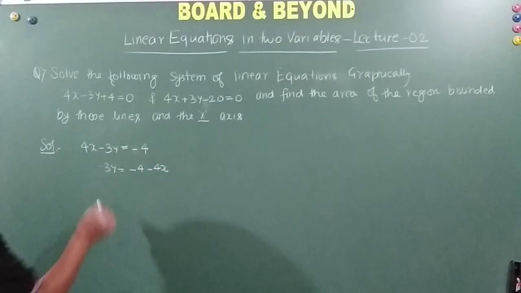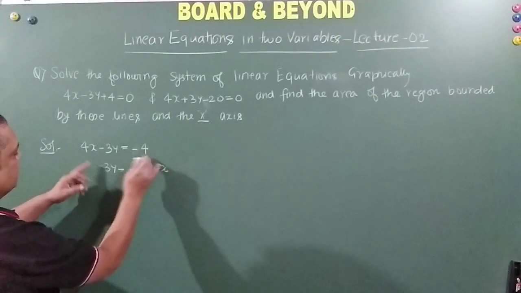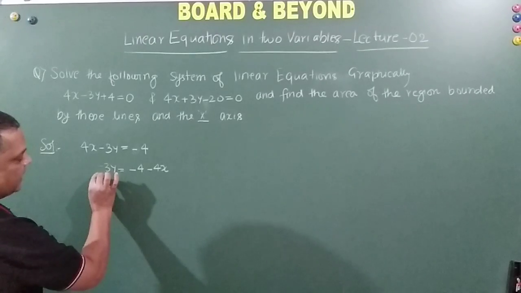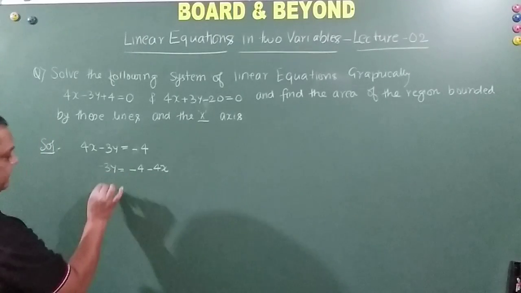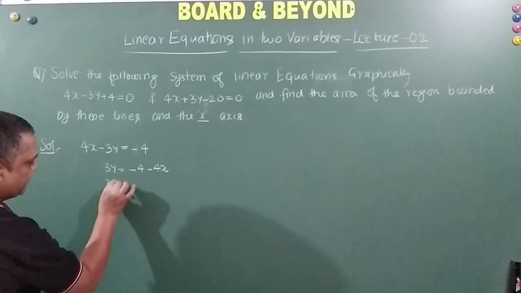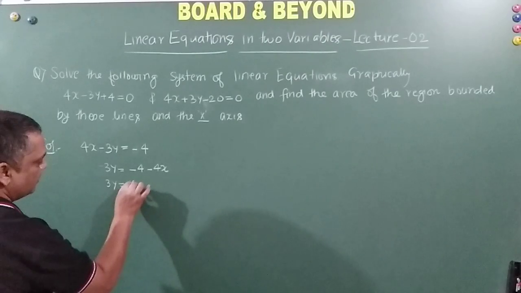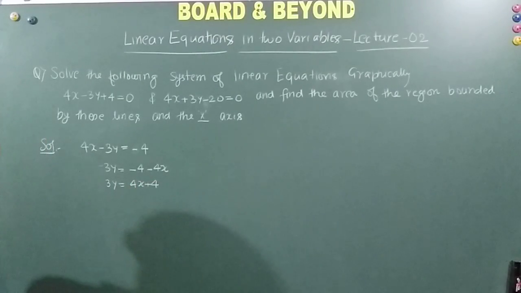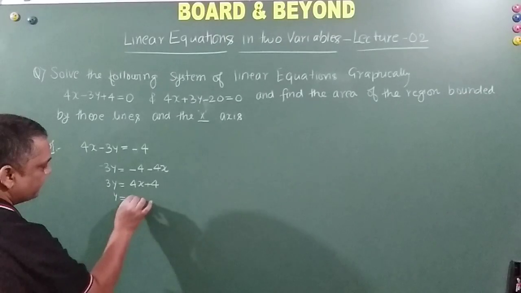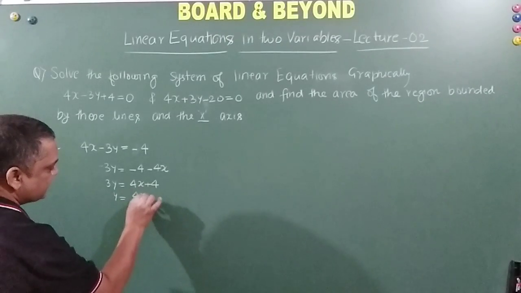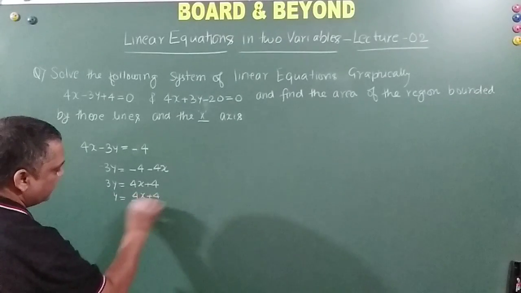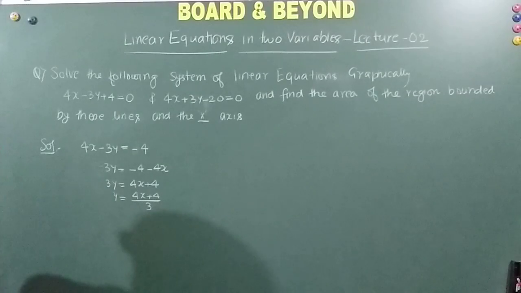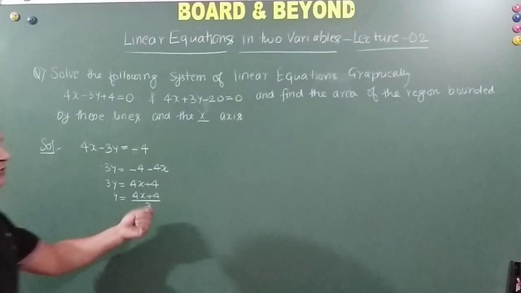Multiplying across with the minus sign, this becomes 3y is equal to 4x plus 4, and y is equal to (4x plus 4) divided by 3. So I have expressed y in terms of x.